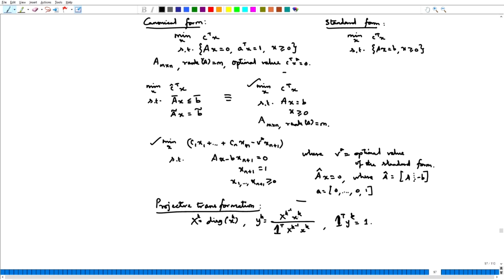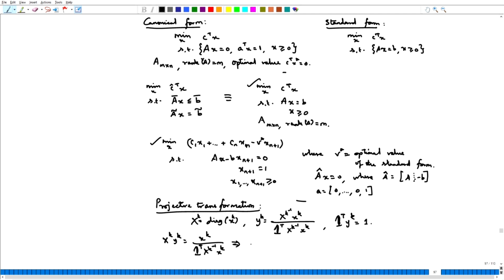Now, how do you get back x_k, little x_k, from little y_k, right. That is also important, we will derive that now, okay. So, note that capital X_k y_k is x_k by 1 transpose X_k inverse x_k, right.